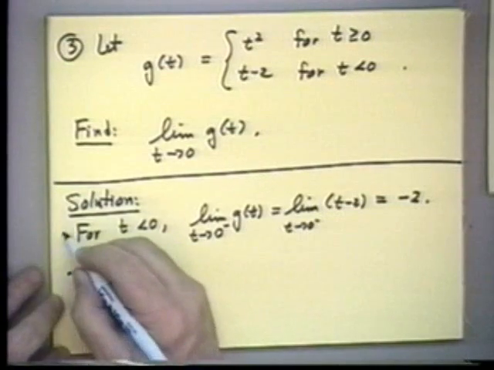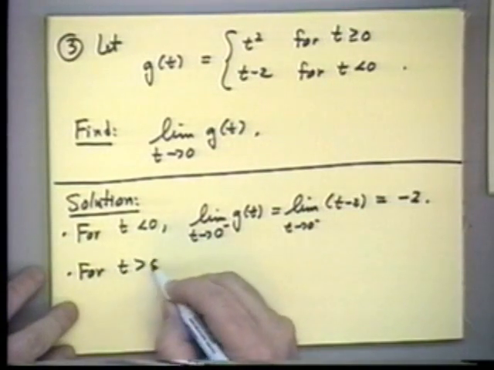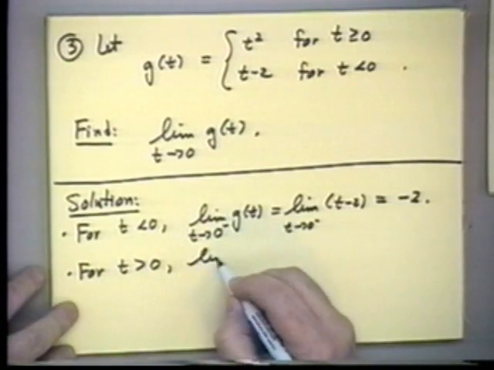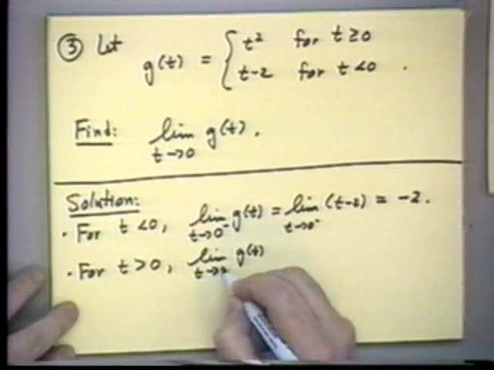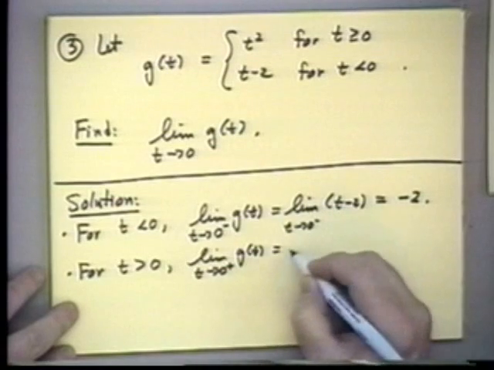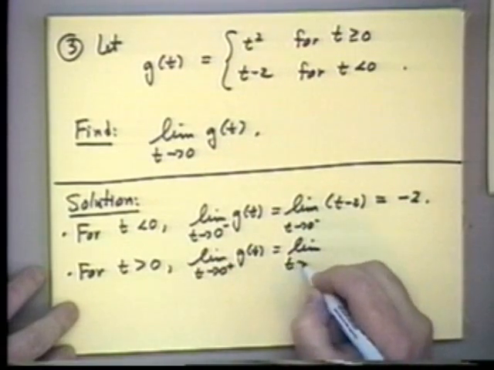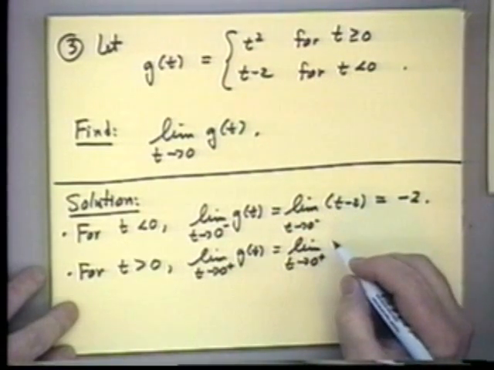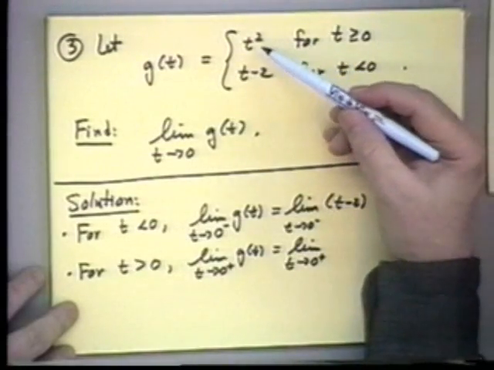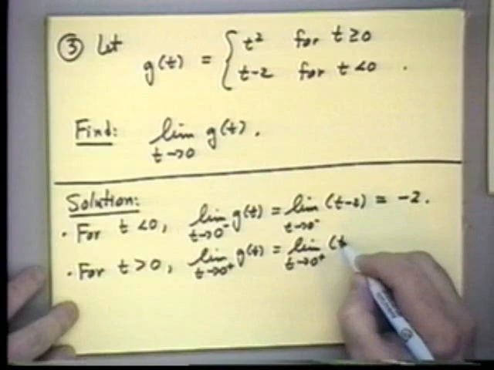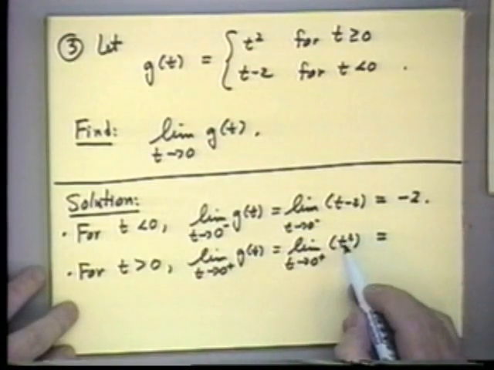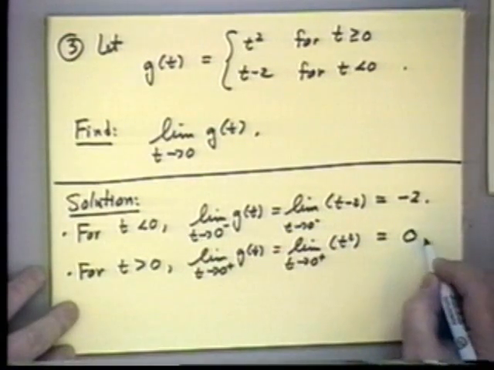On the other hand, in the other direction, for t greater than 0, the limit of g of t as t approaches 0 from above is equal to the limit as t approaches 0 from above of the other part of the function, t squared, because it's defined there for t greater than 0, and t squared, when you put 0 in, gives you 0.